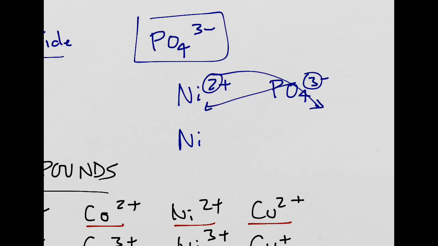Then I have the nickel piece with 3 as my subscript, parentheses PO4 with a 2 as a subscript. So that's how I show nickel(II) phosphate. Don't forget the parentheses, it's vital that you include them so that you know that this subscript applies to everything inside of those parentheses.